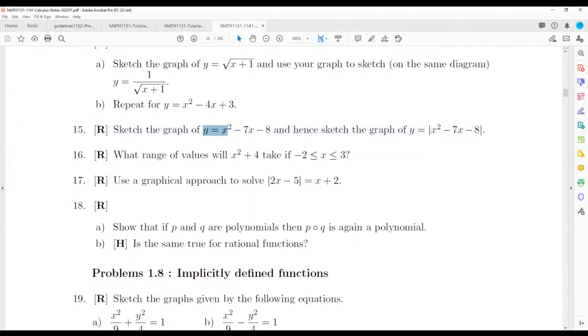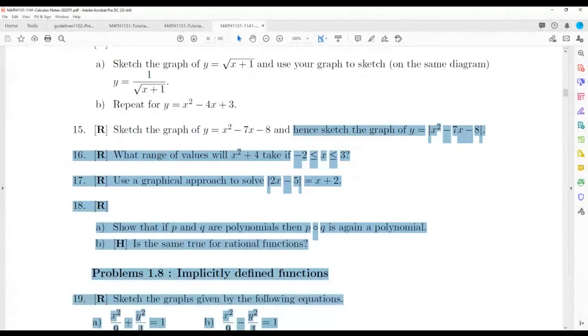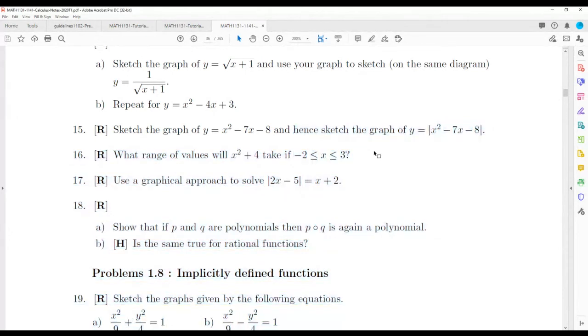And it says sketch the graph of this, and hence, again, there's that word again. Sketch the graph of this. So I wanted just to do that in Maple to show you how you can do things involving absolute values. All right. So let me go back to my Maple.